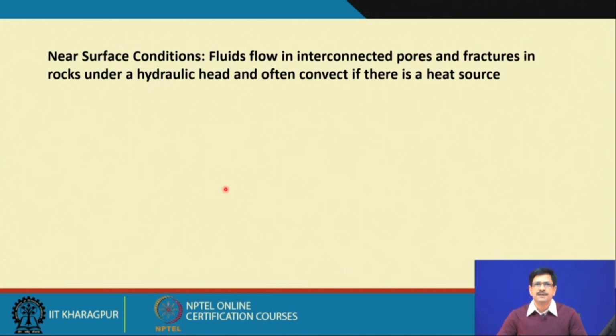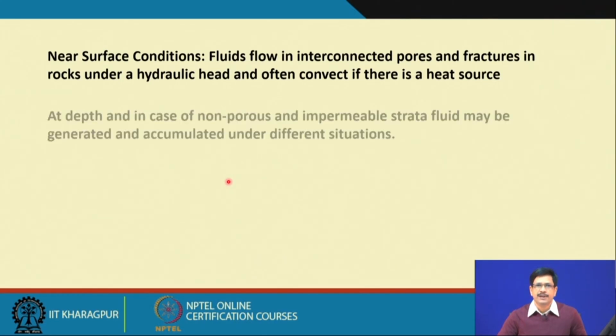In near surface conditions, the fluid flows in interconnected pores and fractures in the rocks, where the movement of the fluid is generally in response to a hydrostatic head, and fluids such as groundwater move through the porous medium of the rock, abiding by certain simple physical principles, which we will not be discussing in detail here. Our concern mainly will be in relation to solubility of different species in the hydrothermal fluid and the consequences of variation of pressure.